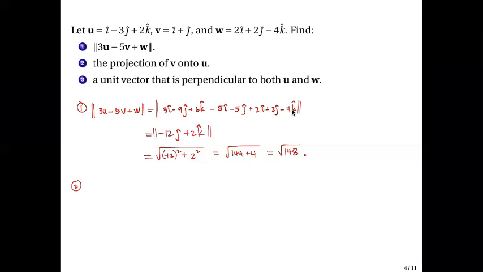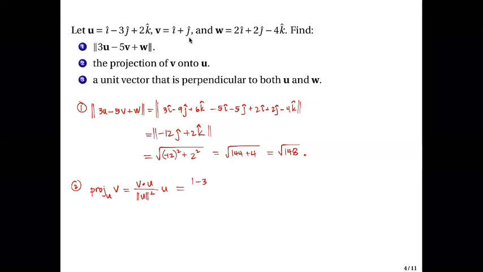For the second problem, we want to find the projection of v onto u. So this is simply v dot u over the magnitude of u squared, times the vector u. So for the dot product of v and u, we have 1 times 1, that's just 1. 1 times negative 3, so minus 3.